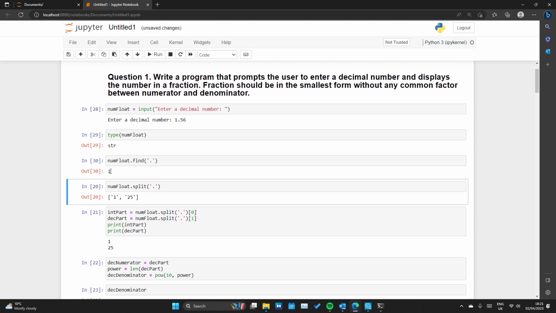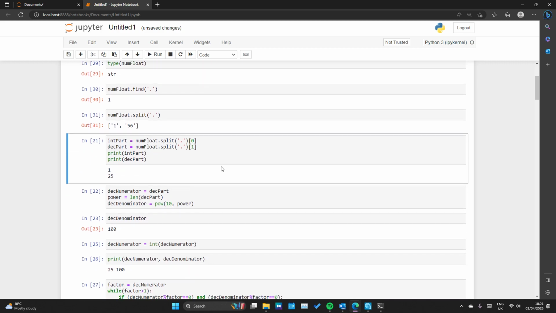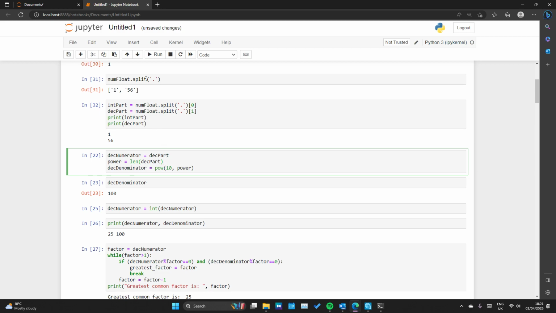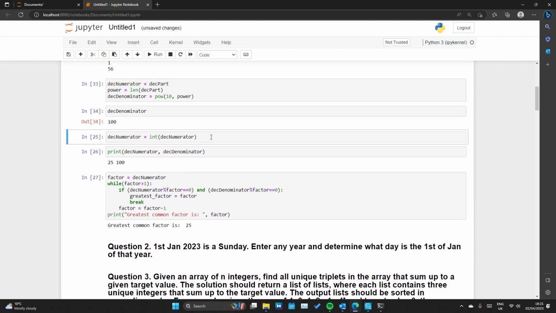It occurs at location 1, and we split that, so we have got 1 and 56. Right, so now we will again take the numerator and denominator separately. We have got denominator to be 100, and we can convert the numerator into integer and print the numerator and denominator. So we have 56 and 100 here.